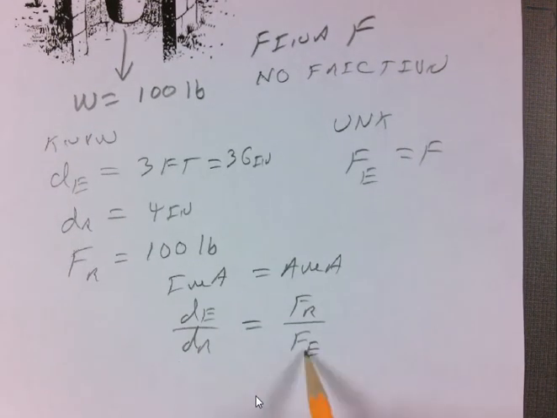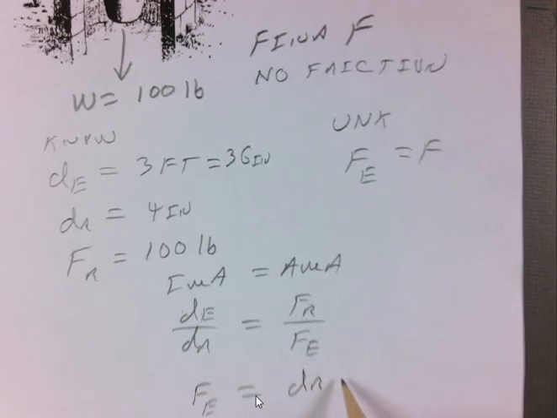So we're solving for FE, and you can swap these two numbers out, or that times that. That comes up there, this comes down there, so we're left with DR times FR over DE.